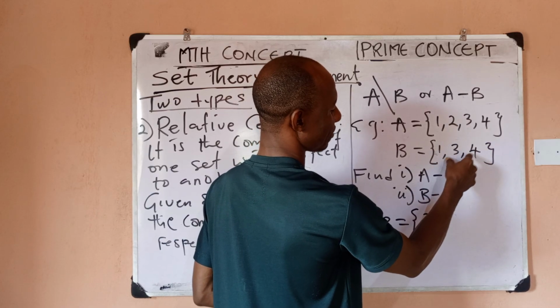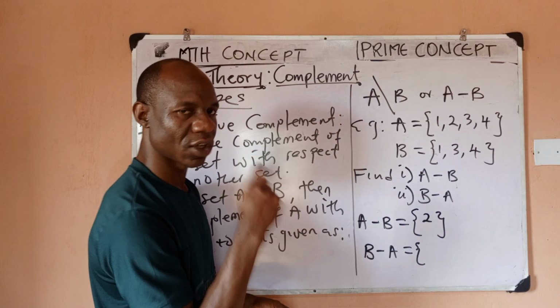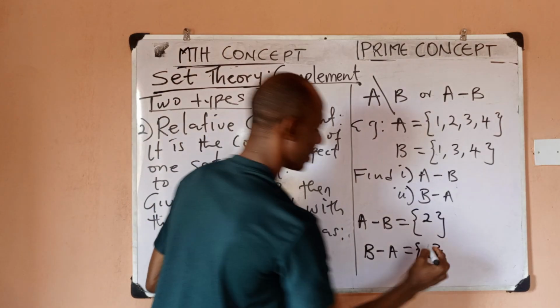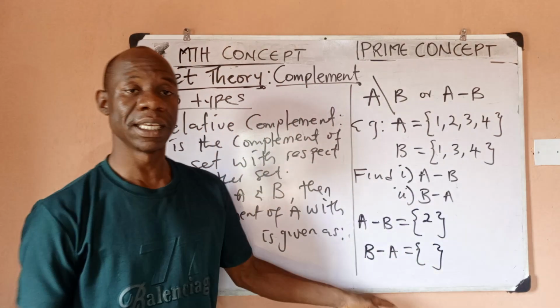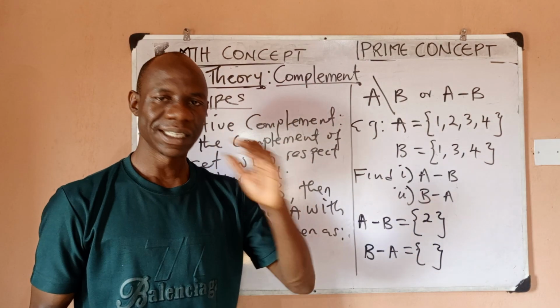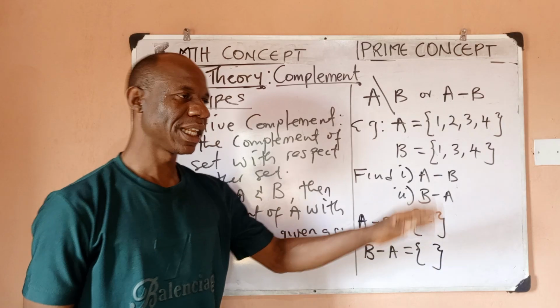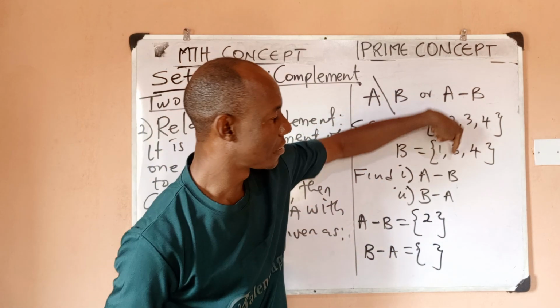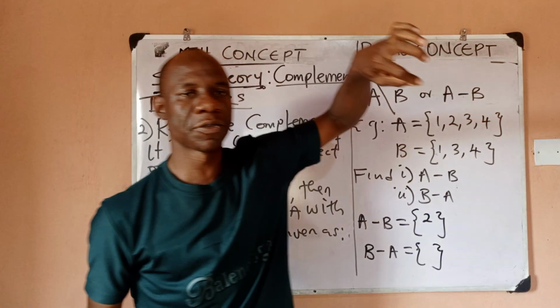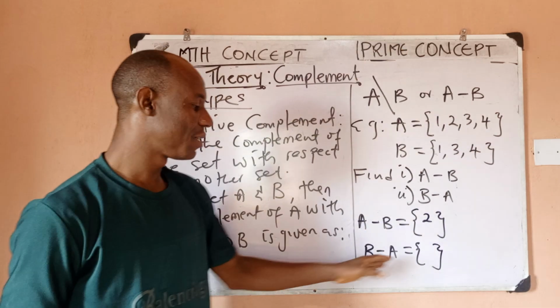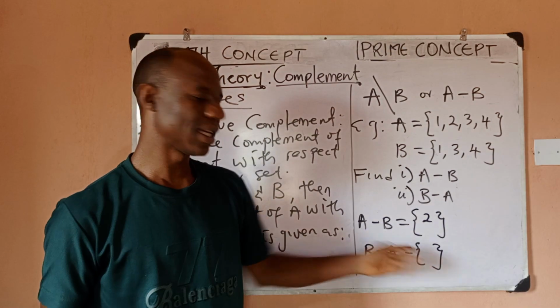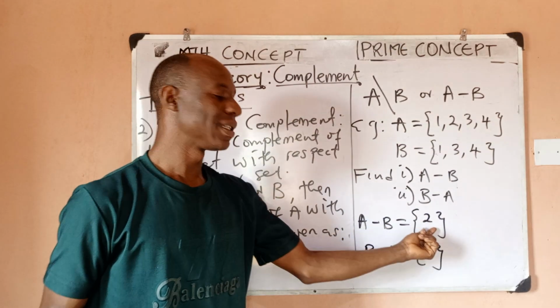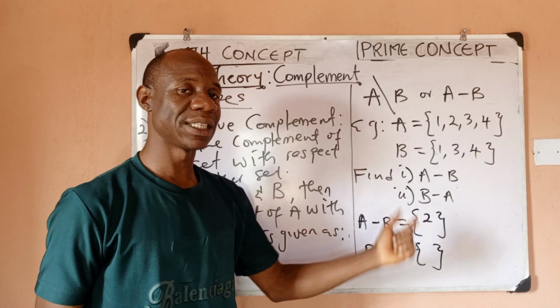You'll notice that there is nothing left in B. So B difference A is an empty set, because there will be nothing left. So B difference A is an empty set, while A difference B is a single element. You can see that they are not equal.